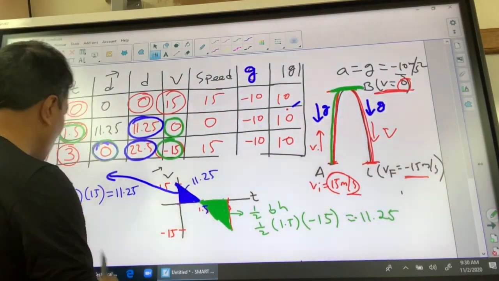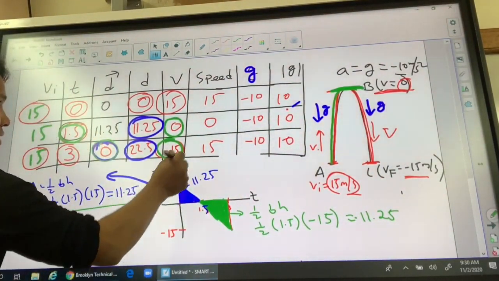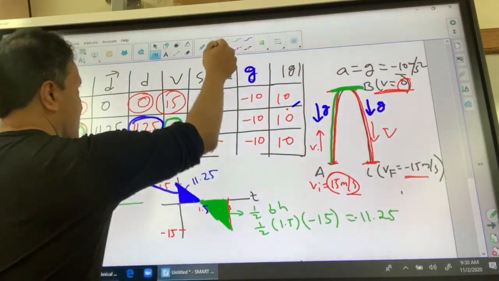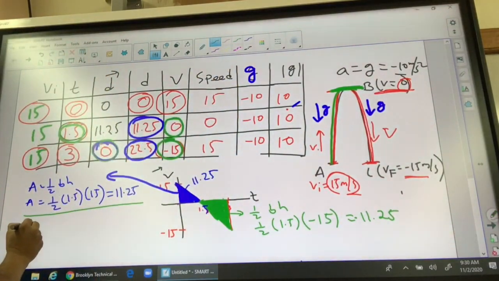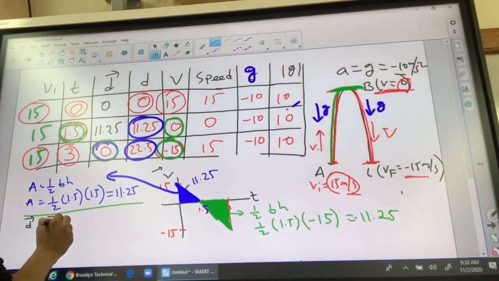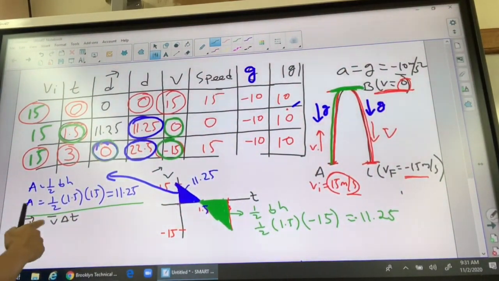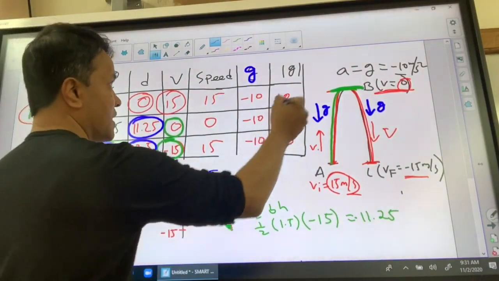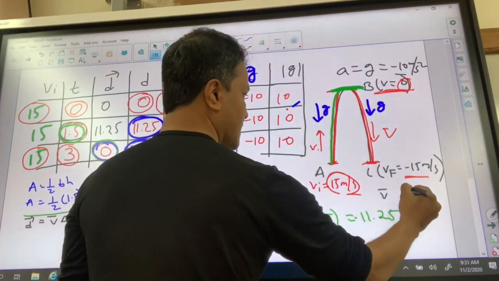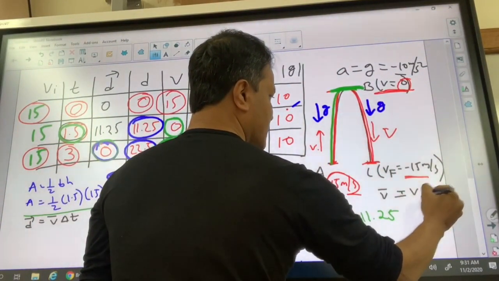Okay, get it? We're going to use another formula to do that. A long time ago, you saw me using this formula many times. Displacement is equal to average velocity times elapsed time. The average velocity formula I gave you many times. Now it comes in handy: v plus v naught over 2.